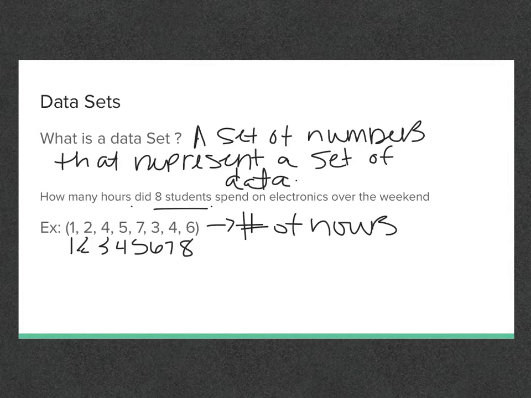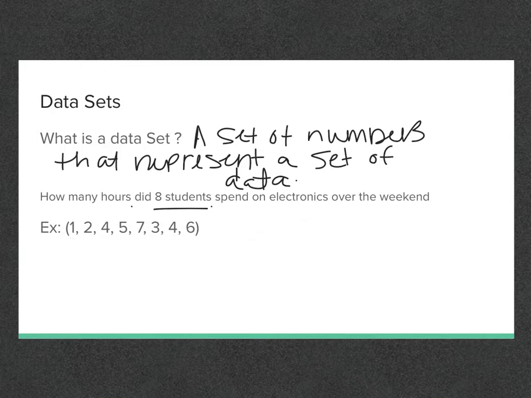What we want to remember is that we want our data sets to be in numerical order from least to greatest. So if we can see in our data set here, it's not in least to greatest order. So what we want to start off doing is, when we're either creating our own data set or when we have a data set, that we write it in numerical order from least to greatest.